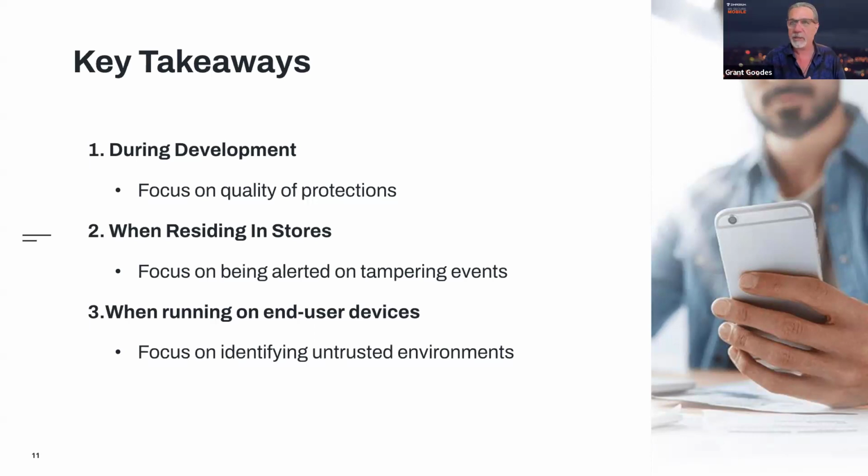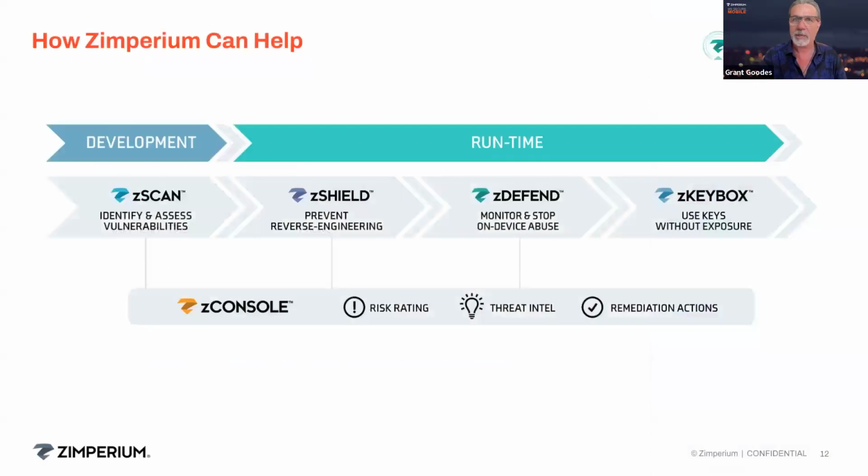What you would really like is a mobile security platform that provides all three stages during development, in the store, and on the device, gives you visibility, and reports the threats in a unified manner that you can digest with a single team as opposed to multiple teams. So I think that's the world we want to get to.